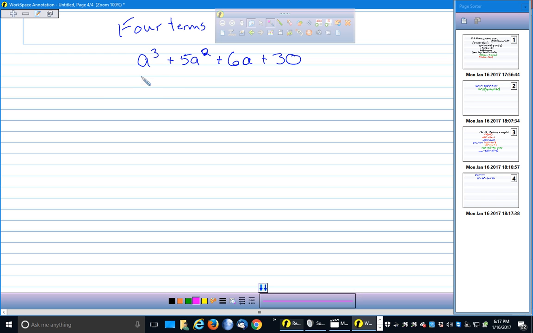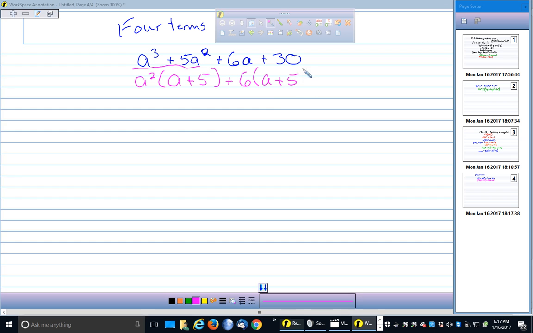Well, in this case, you can pull out an a squared out of the first two terms, and that becomes a plus 5. So this times this expression gives you this part right here. Then I'm going to look at the second part of it, and you say, what can I pull out of both of those? Well, a 6 can be pulled out of those. 6 times what? 6 times a plus 5.